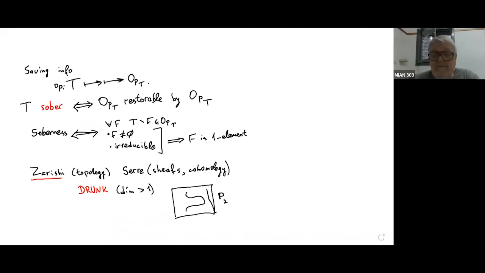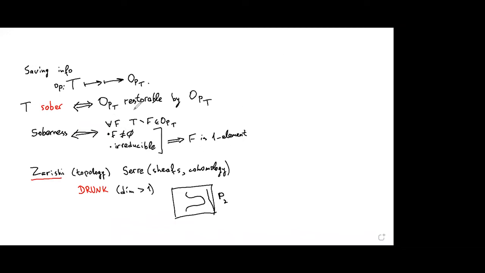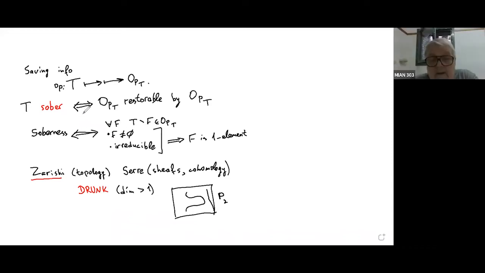Okay. Apparently, I misunderstand the definition of soberness that you wrote. It is written here that open T is restorable by itself. In what sense? The topology of T, when T is sober, its topology can be restored by the partially ordered set of its opens.